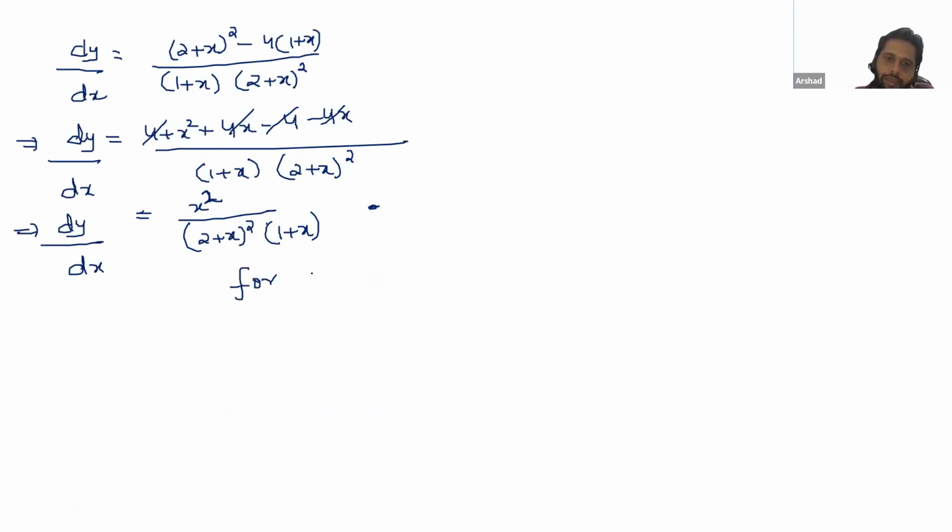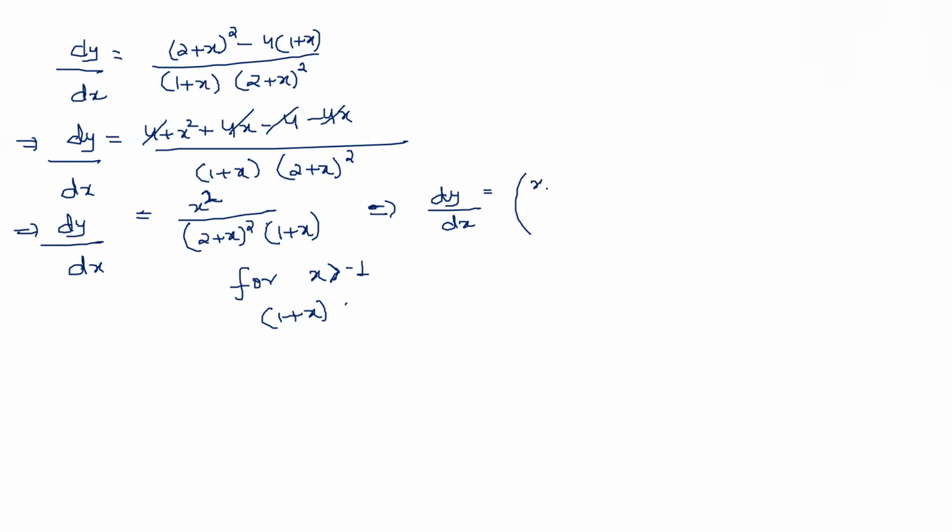For x greater than minus 1, 1 plus x is what? Anyone can tell me, for x greater than minus 1, is 1 plus x less than 0 or greater than 0? Greater than 0, sir.